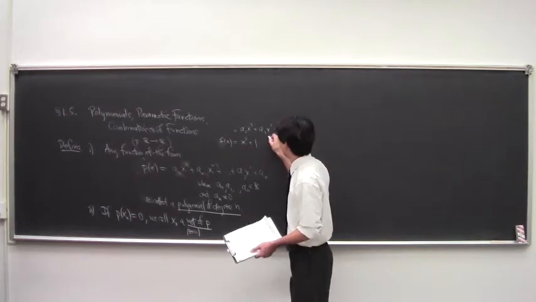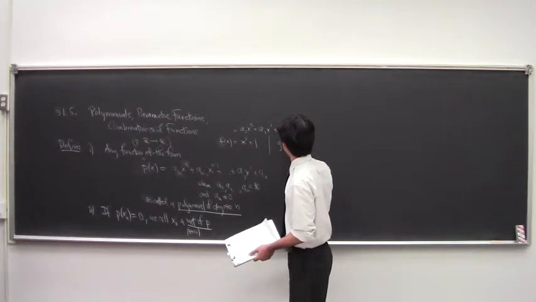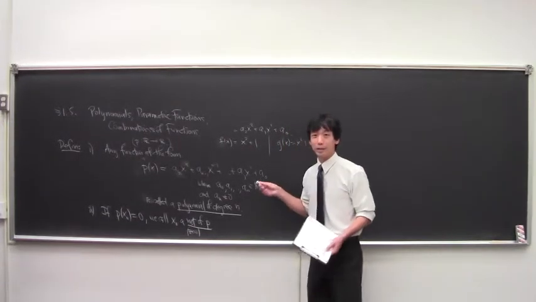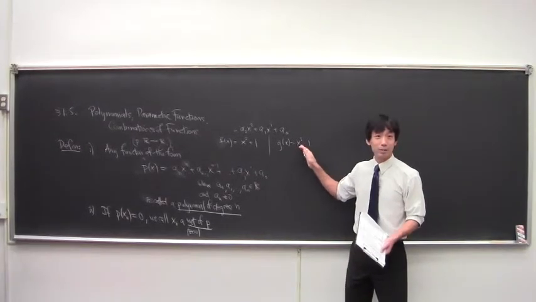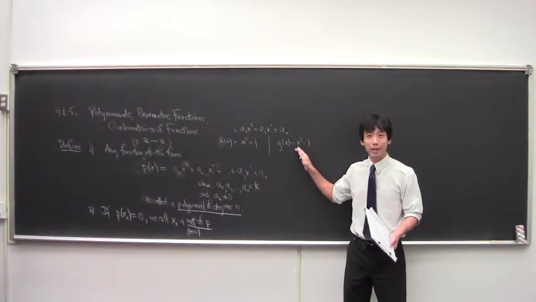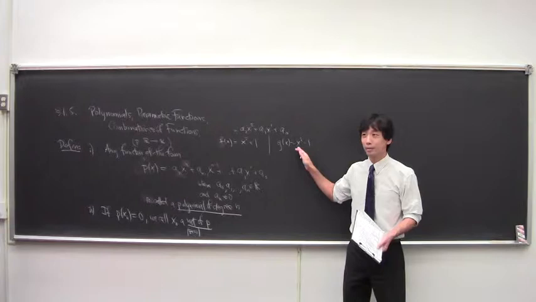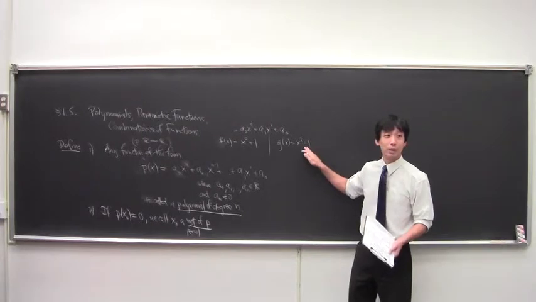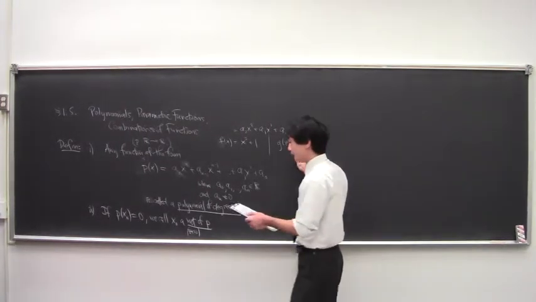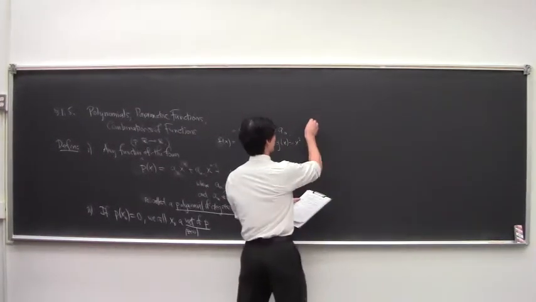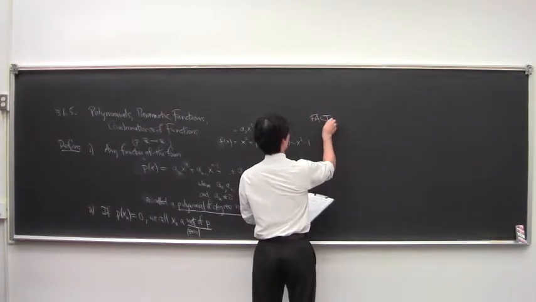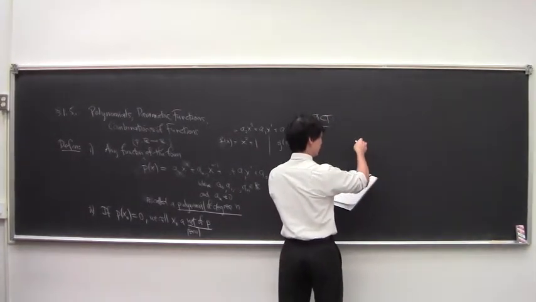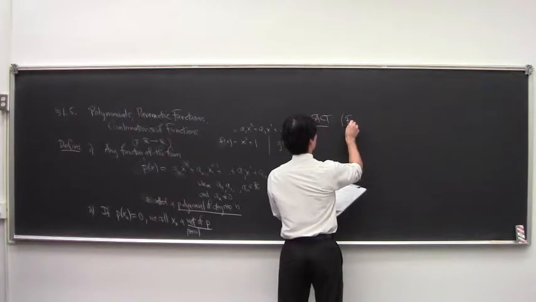If I had this polynomial, say, which is the one I think Cynthia is thinking of, then this polynomial has zeros, at 1 and negative 1. Both are zeros of this polynomial. Okay, this sort of leads us to the following fact, which is called the fundamental theorem of algebra.